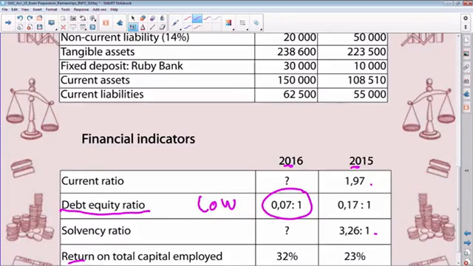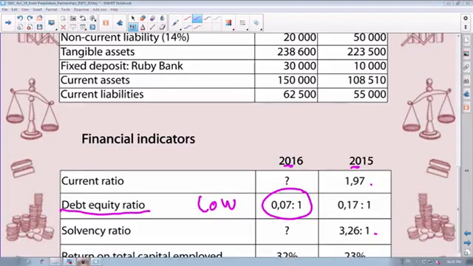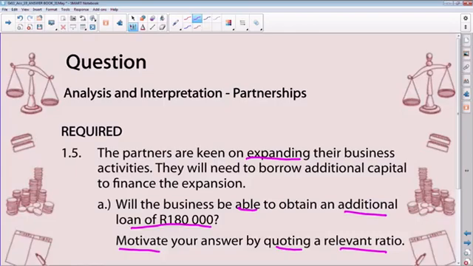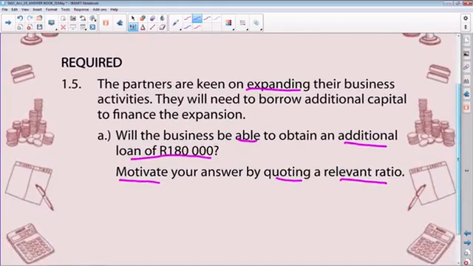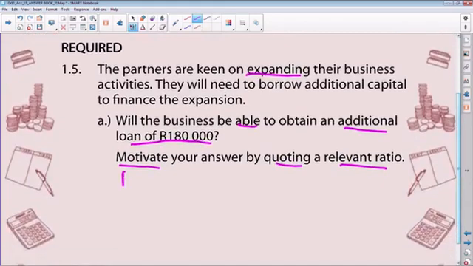Okay, right, so let's go to our answer sheet and let's quote this particular ratio. So in our answer booklet, we are looking at our debt equity ratio is 0.07:1.